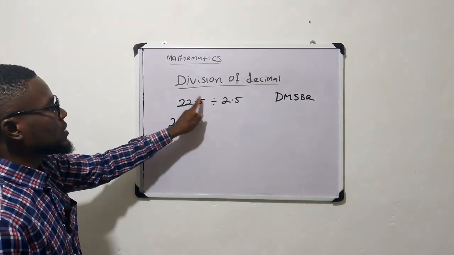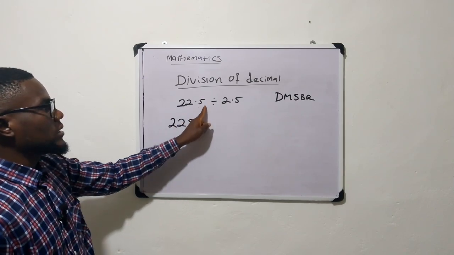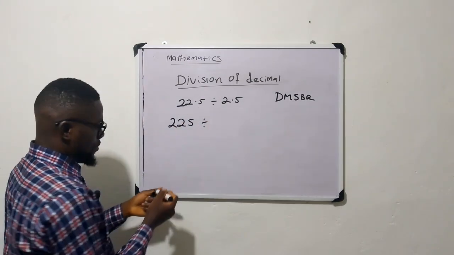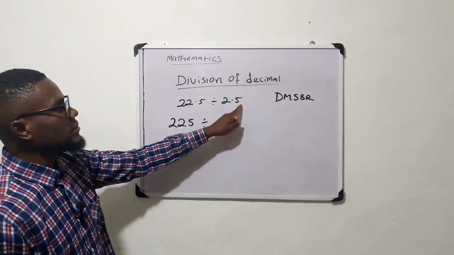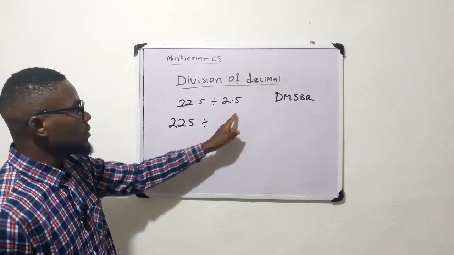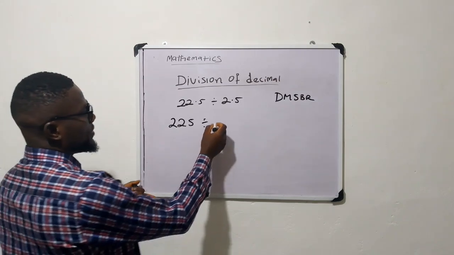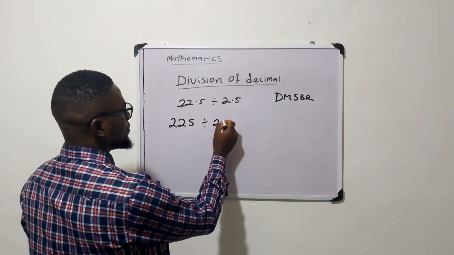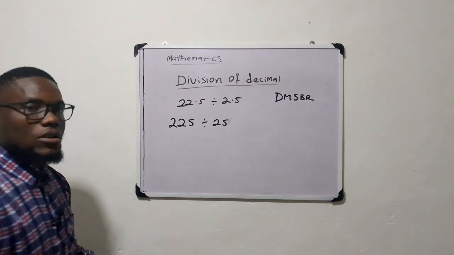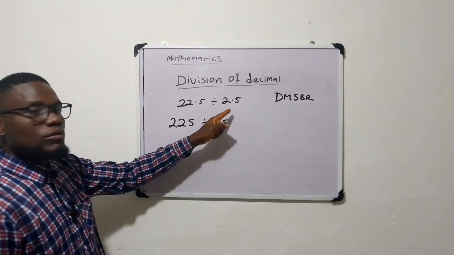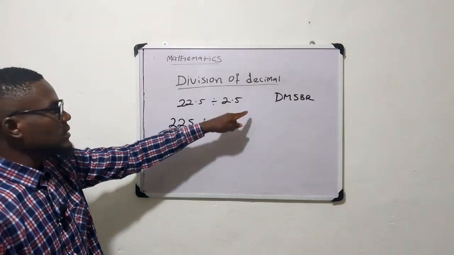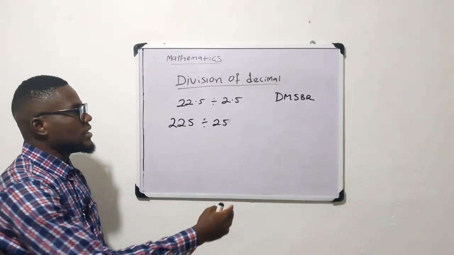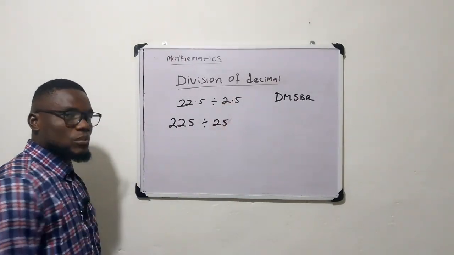Because when we move the decimal point here by just 1, you have 225 divided by, when we move this decimal point 1 place to the right, you have 25. Also remember that you move the decimal point by the number of digits after the decimal point on the divisor part.